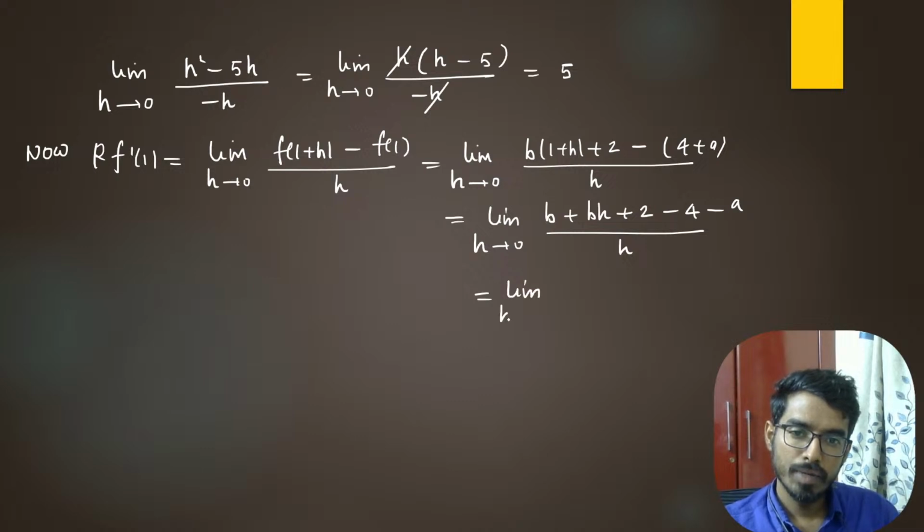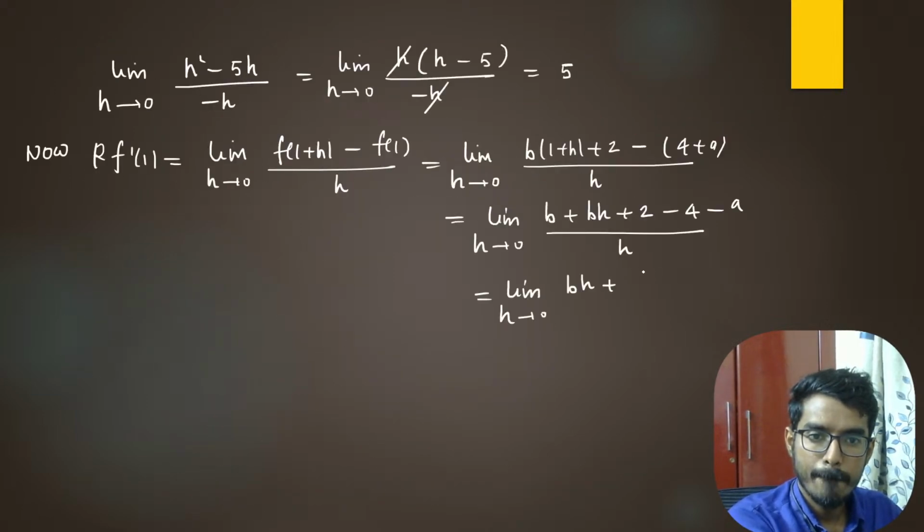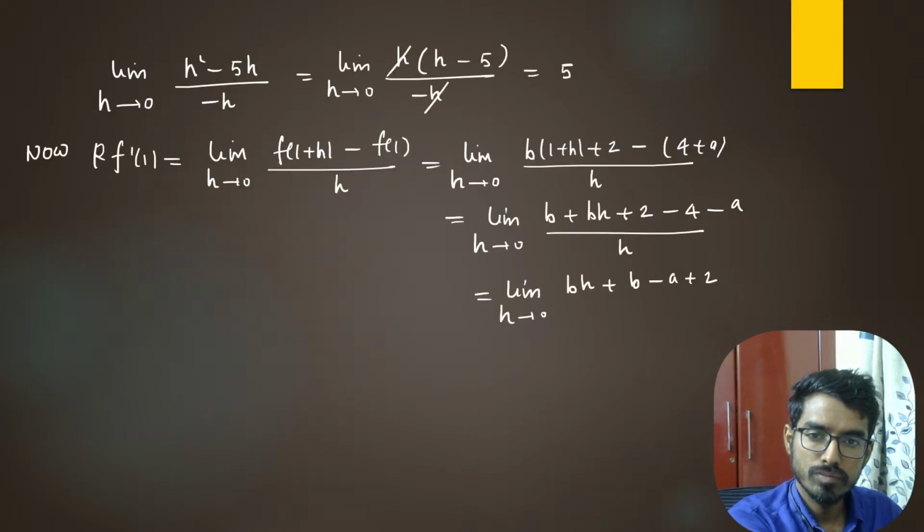So this will be limit h tending to 0, bh plus b minus a plus 2, divided by h.